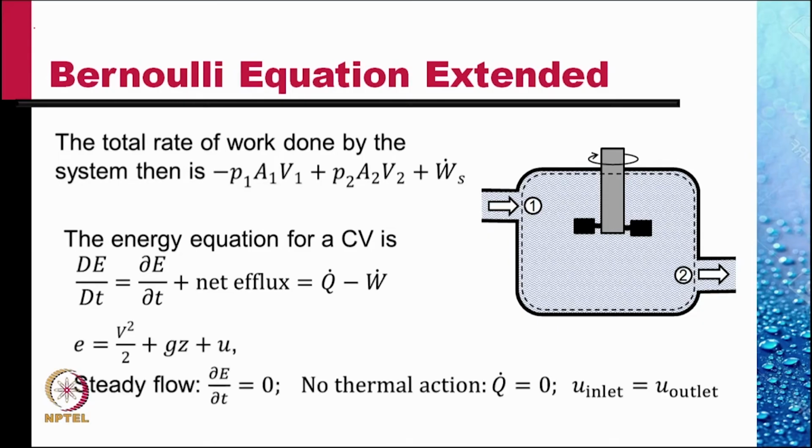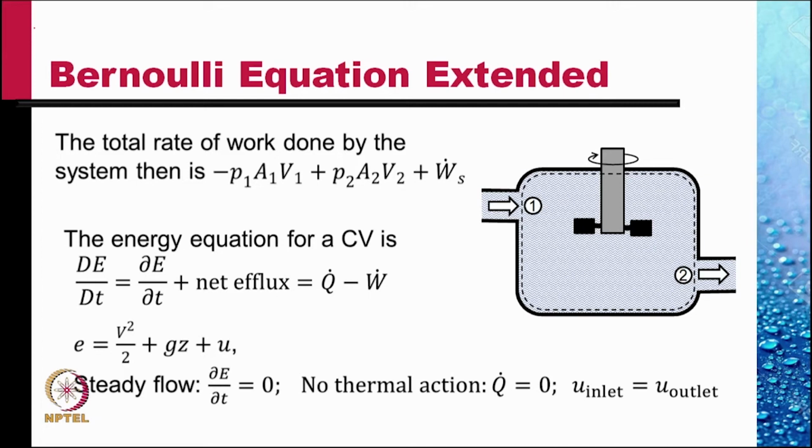The capital E, the total energy contained within the system, can be found using the specific energy e, that is the energy per unit mass, which consists of V squared by 2 plus g z plus u, the internal energy.